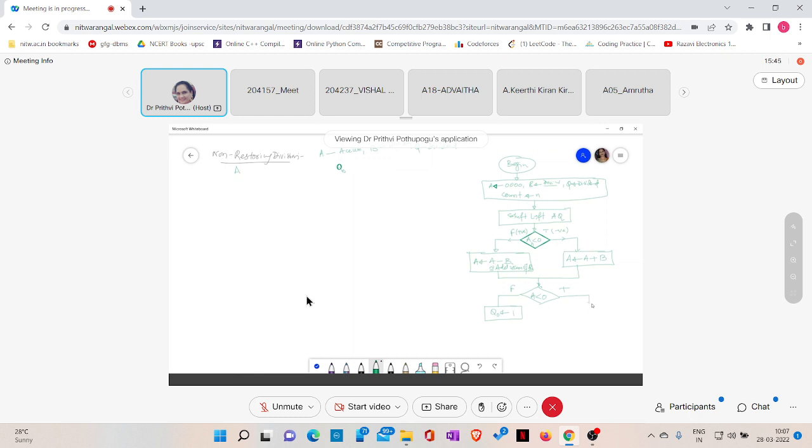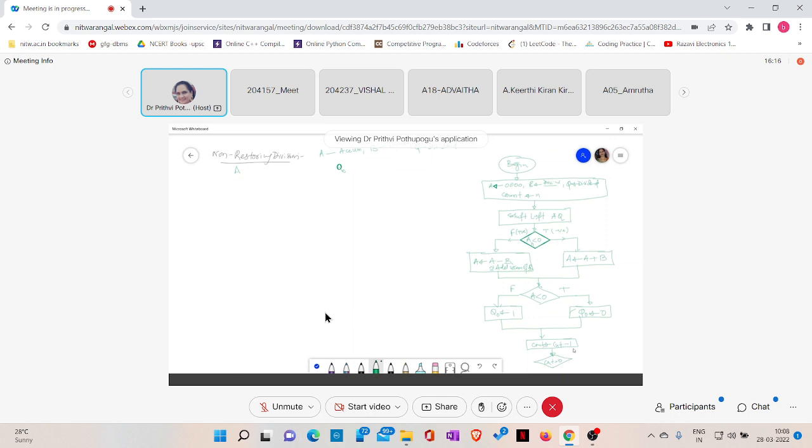If it is negative, take Q naught to be 0. Okay. Then decrement the counter. Sorry. First decrement the count, then check the count value. Count is count minus 1.